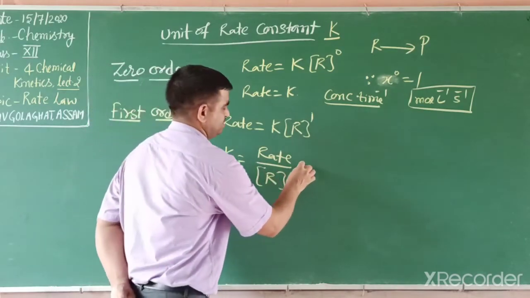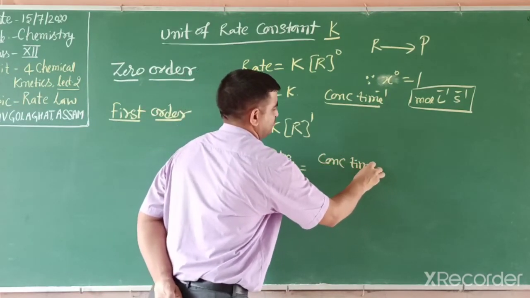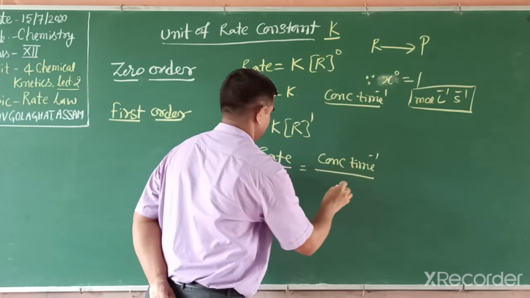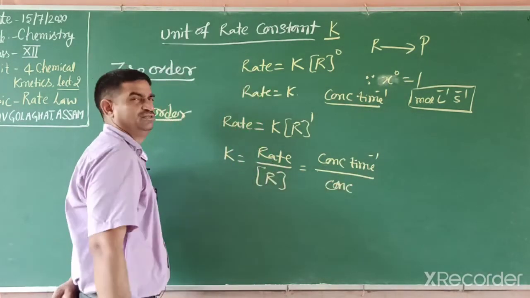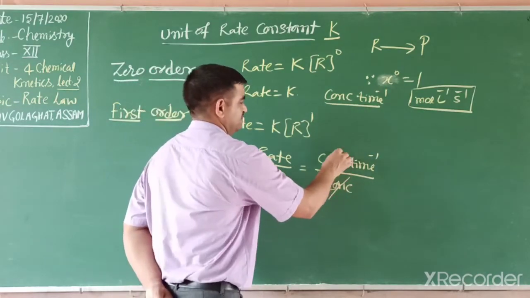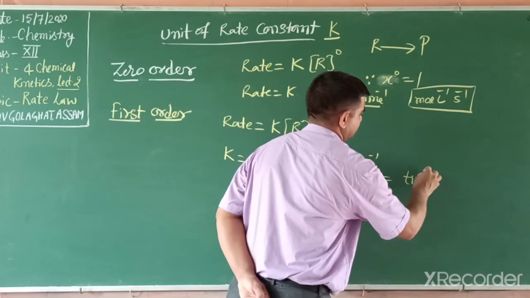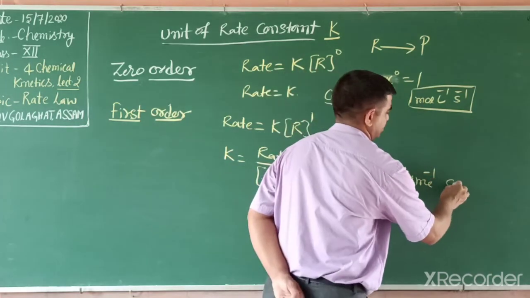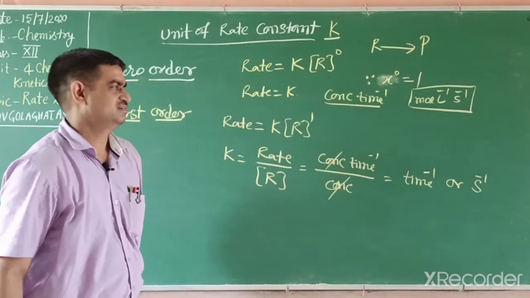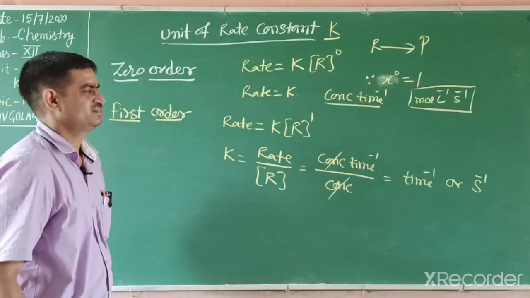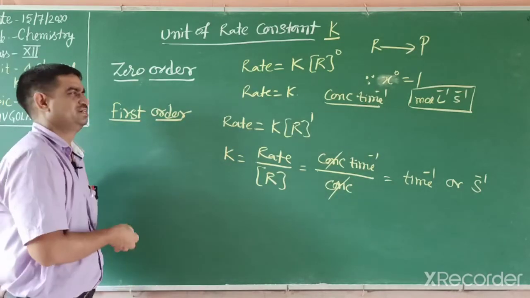We know the rate unit is concentration time inverse, and this one is also concentration, because concentration is molarity. So cancel the concentration. We write time inverse, or we can write second inverse. For first order, the rate constant unit is time inverse, or second inverse, hour inverse, minute inverse.